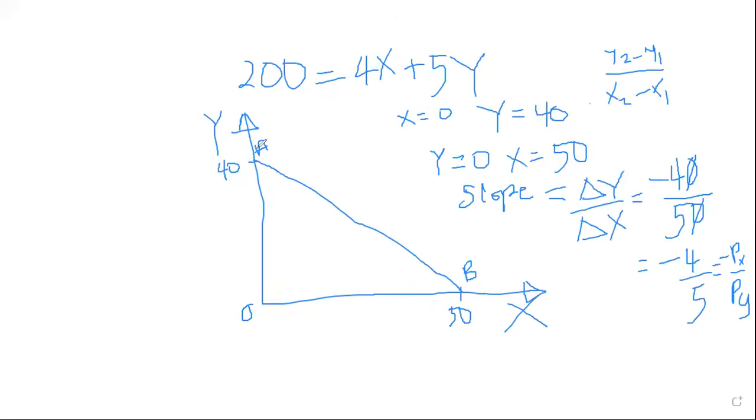At A, y1 is 40, and at B, y2 is 0. So it will be 0 minus 40. That gives you the change. And then x will be 50 minus 0. So 0 minus 40 is minus 40, and that's why you have that over 50.